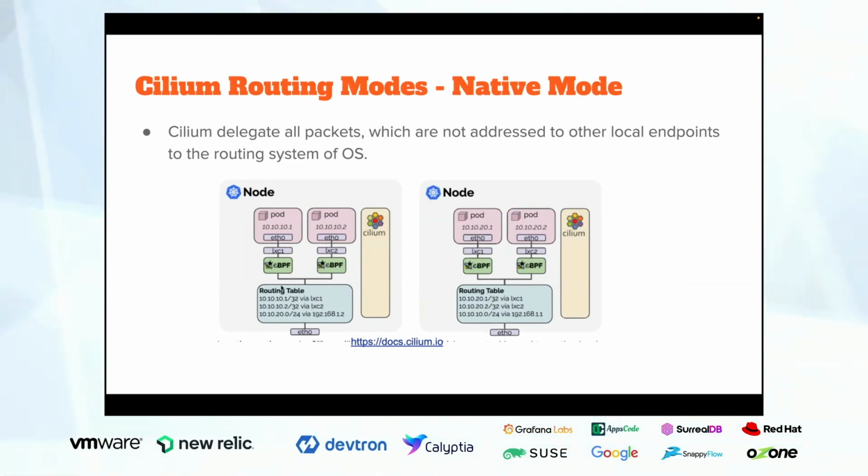That is what we mean by the native mode, where these nodes know how to reach the other pod and what route to follow. That is by default given in the routing table of the node, and based on that, the decision will be taken. So this is how it has been configured in Cilium.